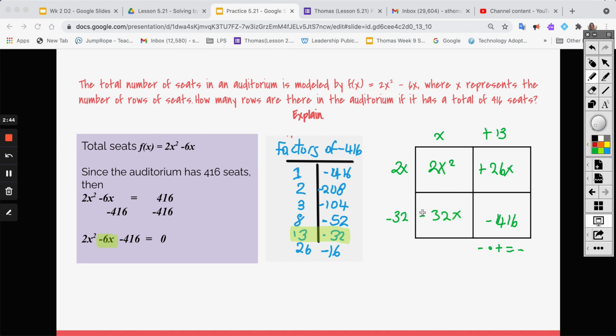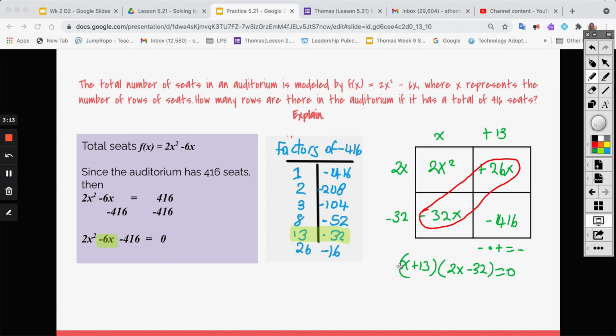And we know that when we combine these like terms, I'm going to end up with a negative 6x. So what do I also know? I know the factored form of my expression, which is going to be x plus 13 times 2x minus 32 is equal to 0.